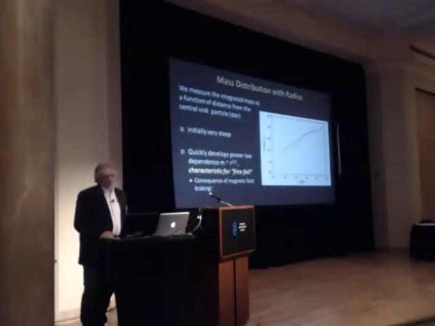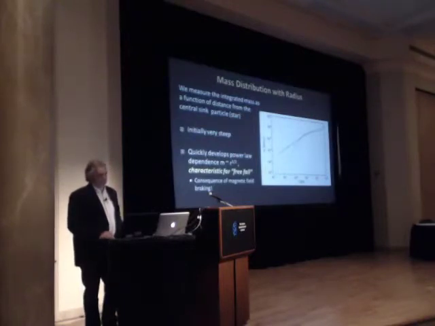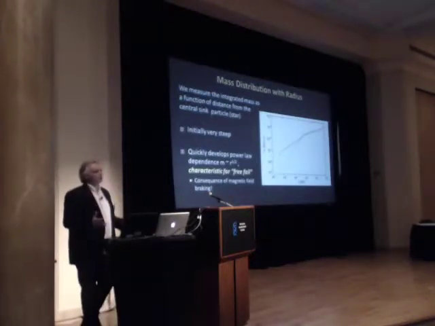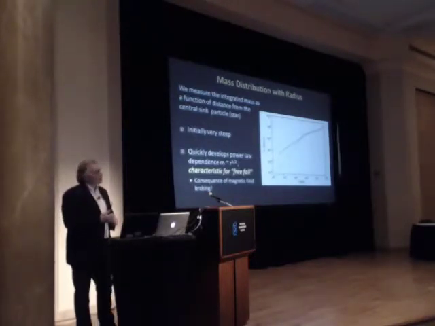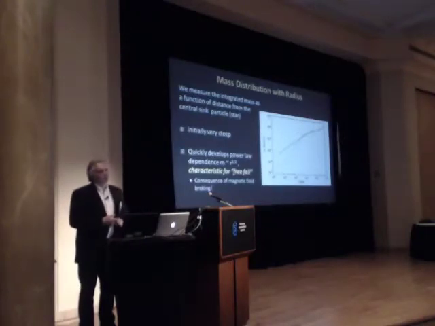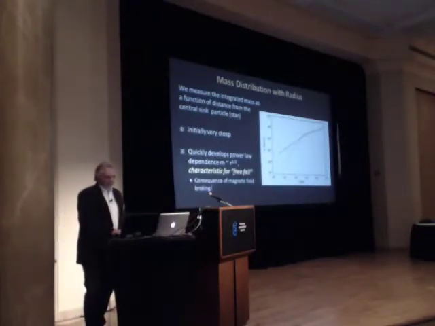And if you were to have a ruler, you could find that the slope of this power law is 3/2, which is exactly what you expect for free fall. With the velocity going as r to the minus 1/2, you'd expect exactly this mass distribution. So it shows that during most of the accretion time, the accretion is essentially free fall accretion guided by the magnetic field.